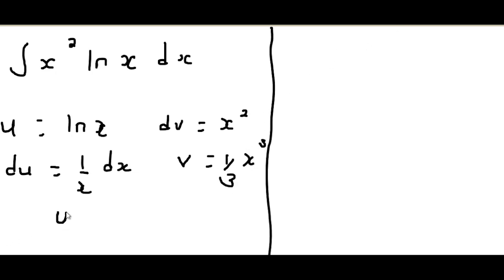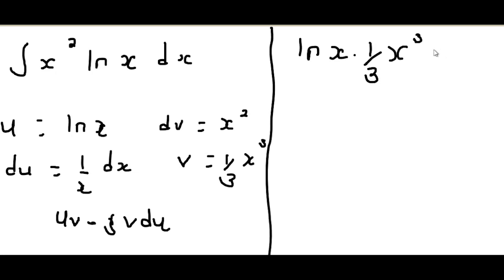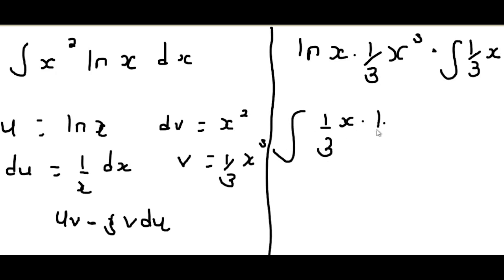So uv minus the integral of v du will be ln x multiplied by a third x cubed minus the integral of a third x cubed multiplied by 1 over x dx.